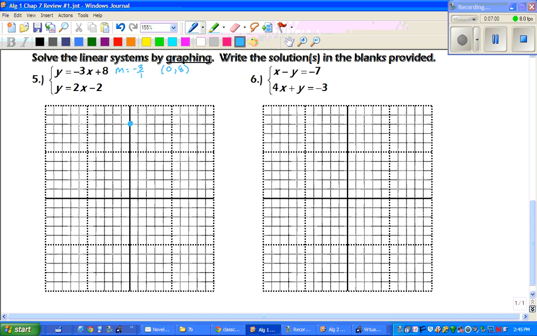So you should be starting at 0, 8, negative 3, which means we go down 3, right 1, down 3, right 1, down 3, right 1. I'm just going to do this the entire way down. Once you've got that, go ahead and draw your line. Hopefully you're going to use a straight edge.